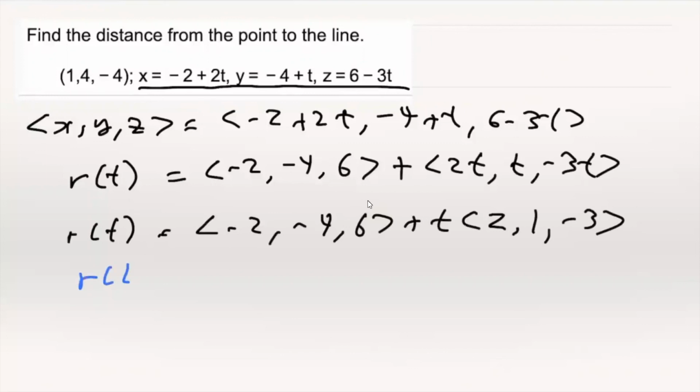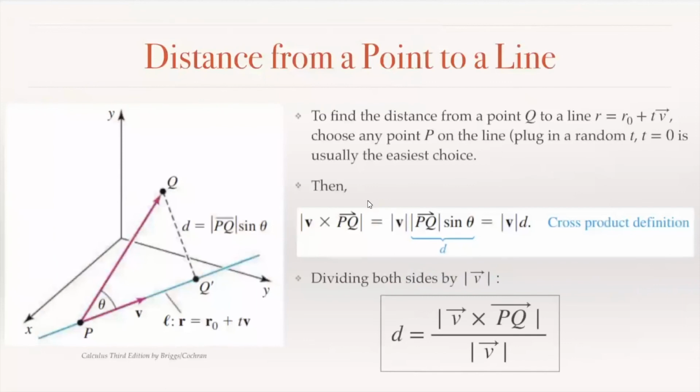Okay, so now we have it in the form r of t equals r naught plus tv, and that's our equation of the line. And now that it's in a standard form of a vector equation of a line, it's just a matter of plugging it in to our formula for the distance from a point to a line.